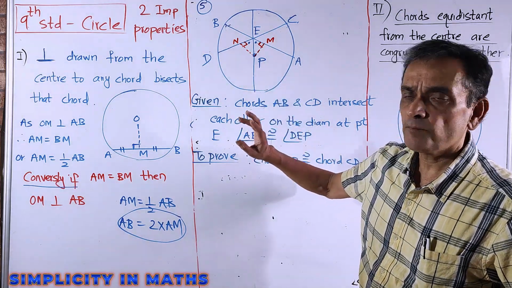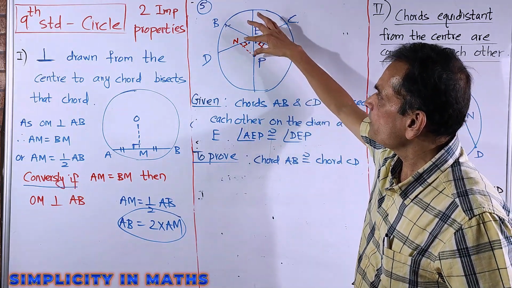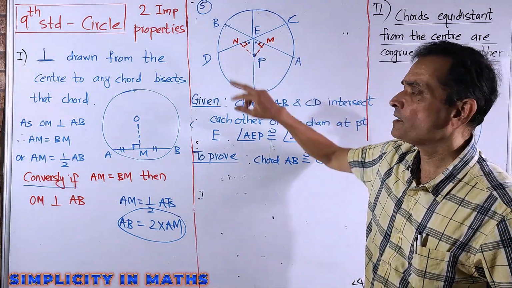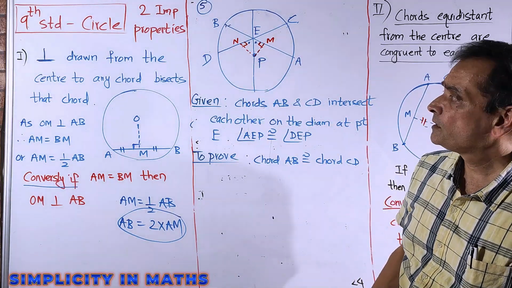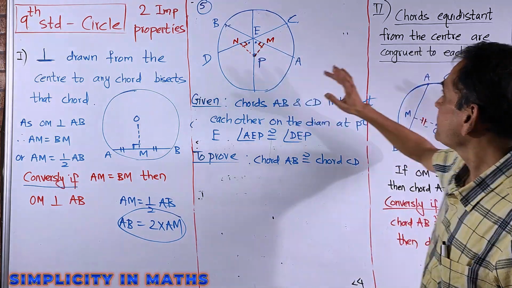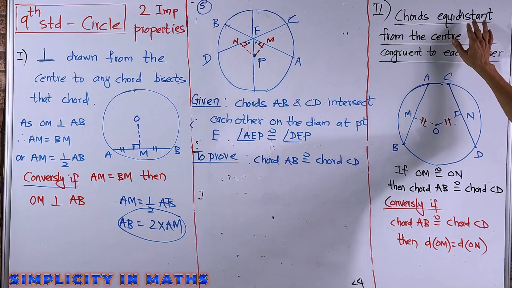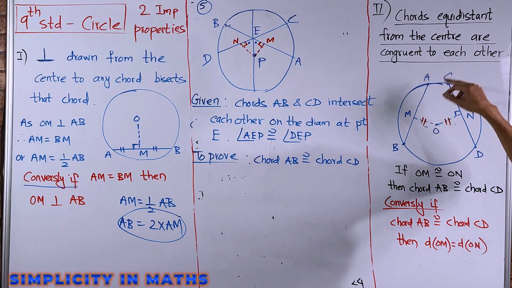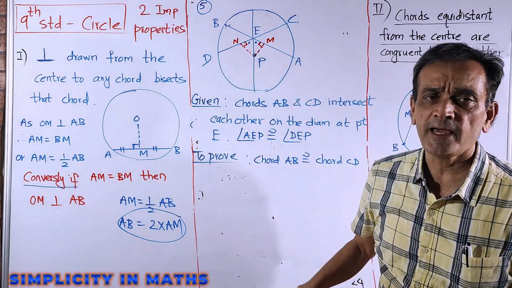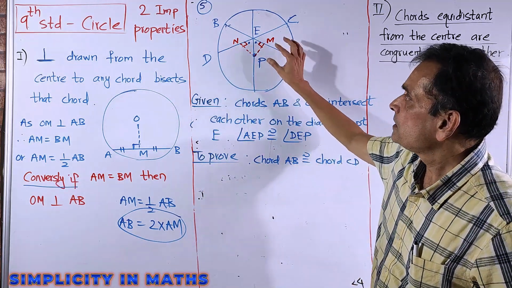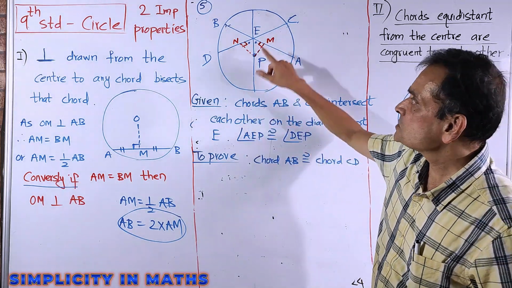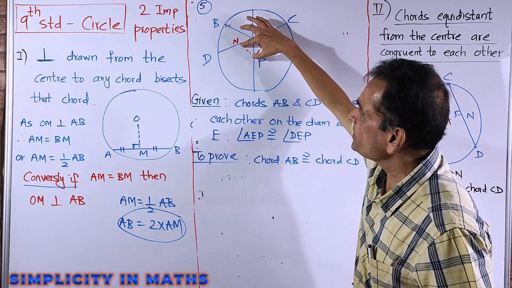What do we have to show? PM congruent to PN. If we show PM congruent to PN, then what is the property? Look at the property: chords equidistant from the center are congruent to each other. So what is the meaning of PM congruent to PN? The distance of chord AB from the center is PM, the distance of chord CD from the center is PN.